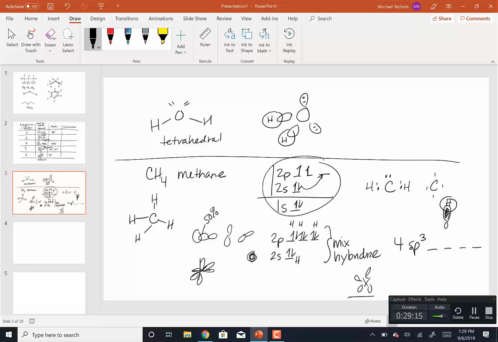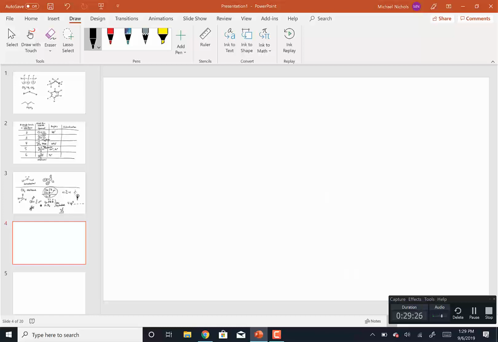So if you think about the way that we describe bonding, we start with a carbon, we start with a Lewis dot structure. And then we add our hydrogens by making the Lewis dot structure.